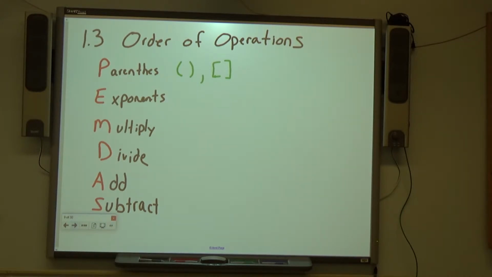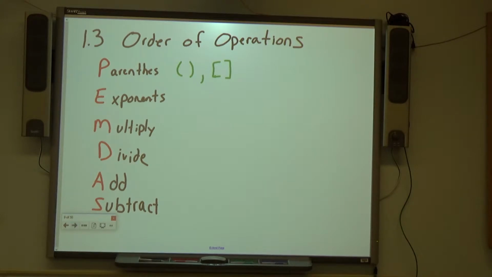Then you look for exponents, and you evaluate the powers or exponents. Thirdly, you multiply and divide left to right, and we'll talk about that in a second. And then you add or subtract left to right.